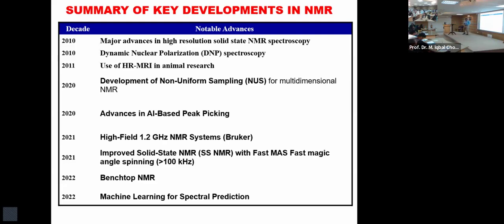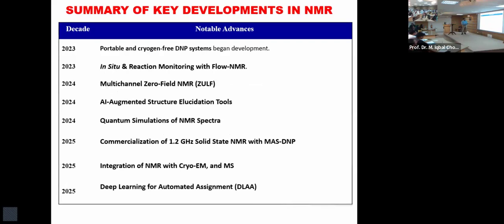A lot of new developments are underway, such as AI-augmented structural elucidation: the AI would calculate your NMR, measure, provide you in different solvents, and then you just compare it with the low resolution NMR and you get the simulation of that. So a lot of these developments have occurred in NMR spectroscopy, largely driven by the sensitivity problem, right?